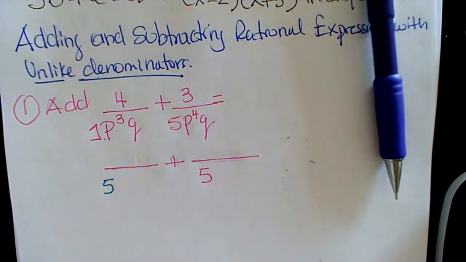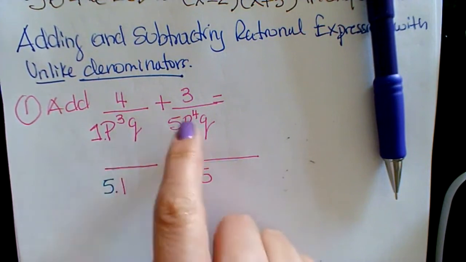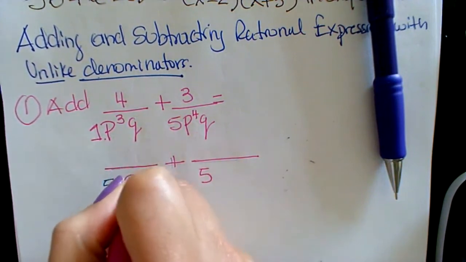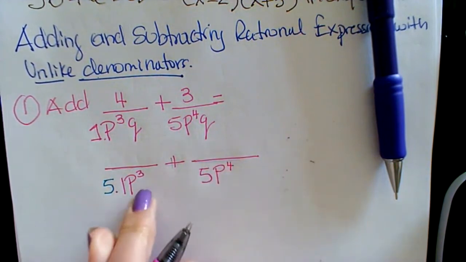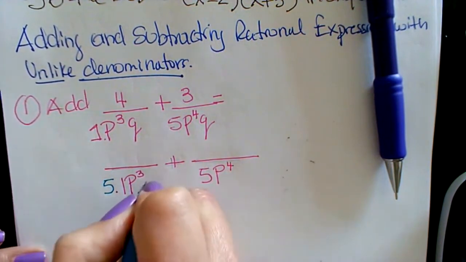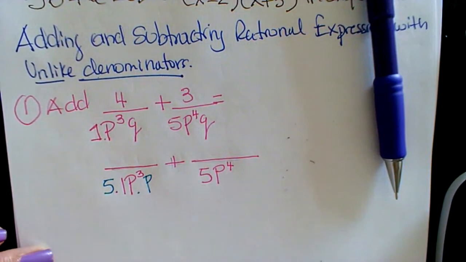That we have it here. Now the p: I have p to the third power, and I have p to the fourth power. So I need to add 1 p here.